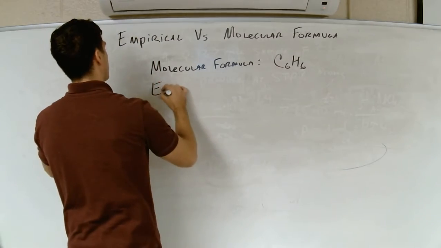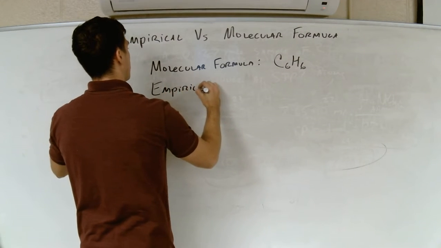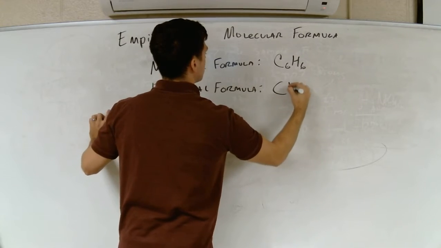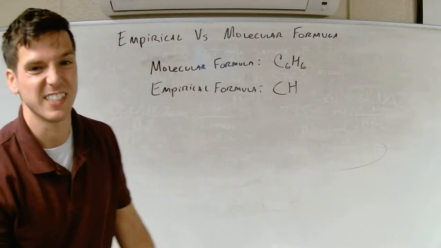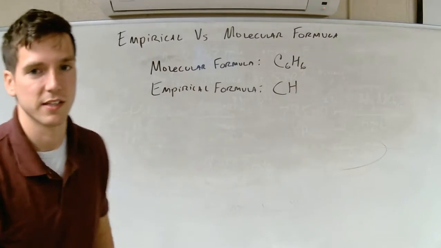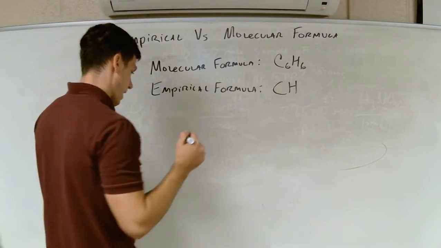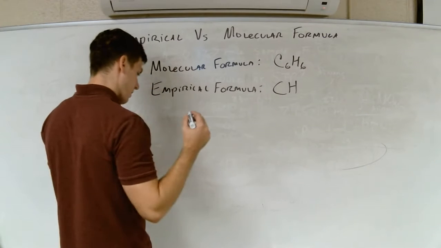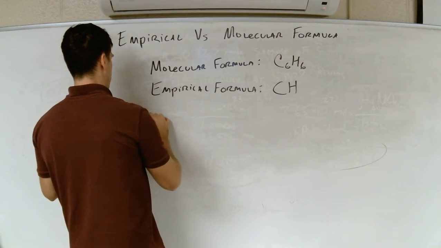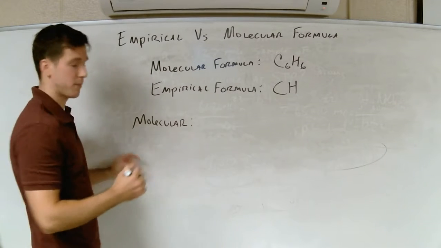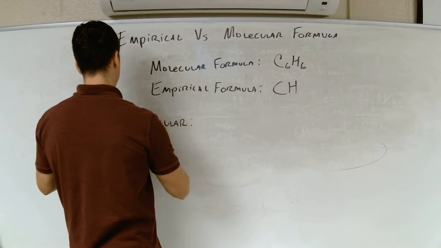So the empirical formula would just be CH, okay, CH, which isn't a compound that exists, but that would just be the empirical formula, the simplified version. If I had the molecular formula, we'll do a couple examples. I'll just put molecular up here, and then I'll put empirical right below it.